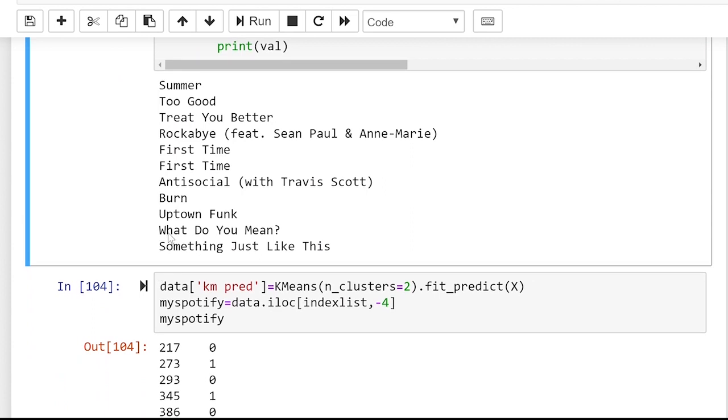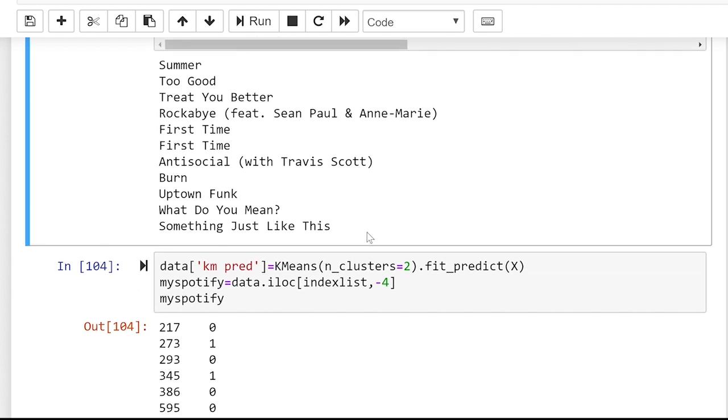The songs I chose are in this list. Also, only Burn, Uptown Funk, What Do You Mean, and Something Just Like This are in the top 50 list.